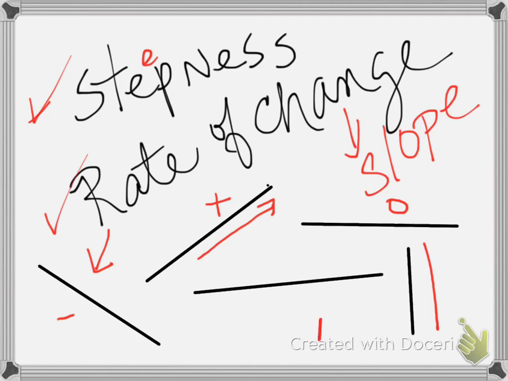That's an undefined slope, okay? Undefined. I'm going to write over that. I'm going to erase this real quick. And I will write undefined. Okay, so that is basically the vocabulary that we need to know when we start trying to figure out the lessons having to do with linear equations.